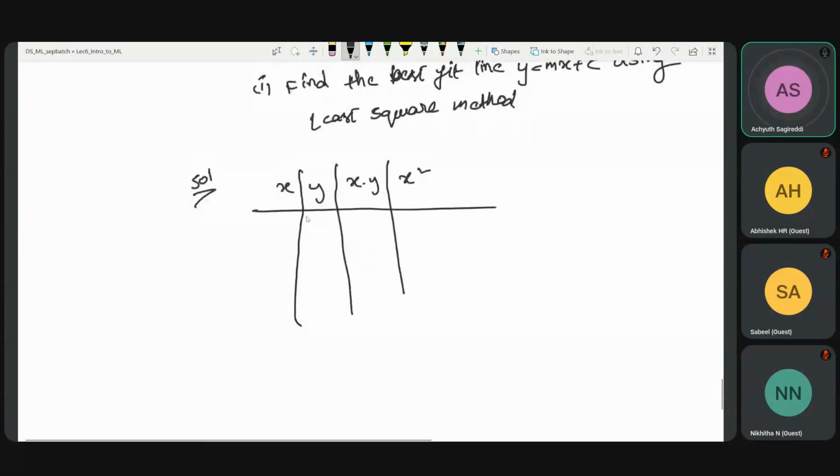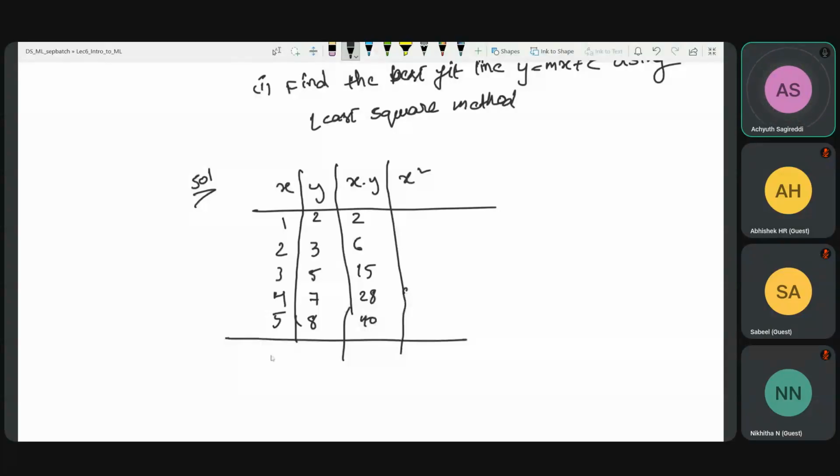The given x values are 1, 2, 3, 4, 5 and y values are 2, 3, 5, 7, 8. What is x into y? 1 into 2 is 2, 2 into 3 is 6, 3 into 5 is 15, 4 into 7 is 28, and 5 into 8 is 40. And we will see the summations also.